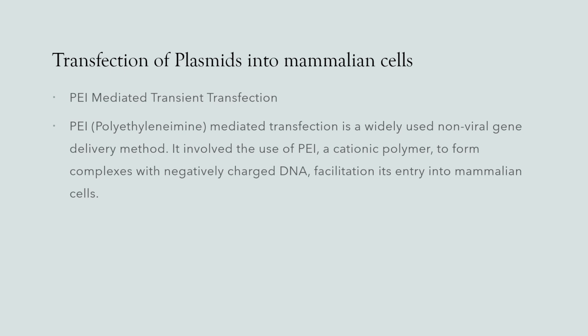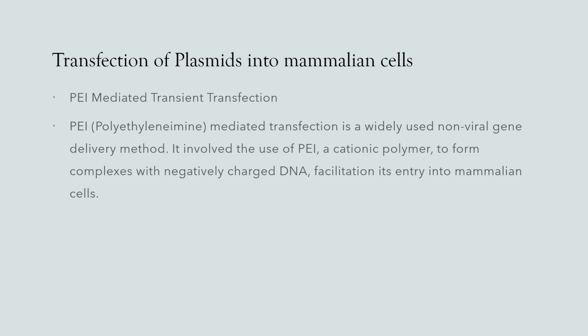I just wanted to quickly put this slide in, and this is relating to transfection of mammalian cells utilizing plasmids, because I'm not sure what everybody's background is, but I just realized that it might not be clear how that transfection occurs, because there are various ways of transfecting genetic material into cells. You can do it via the viral route, or you can do it via the plasmid route.